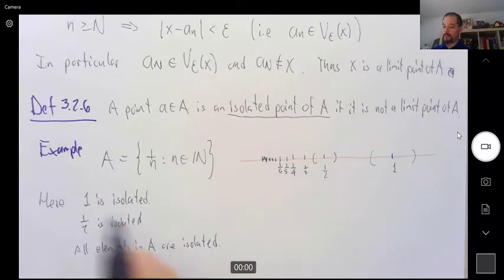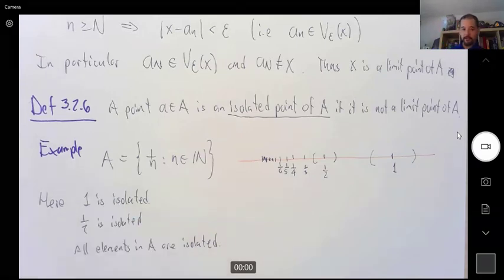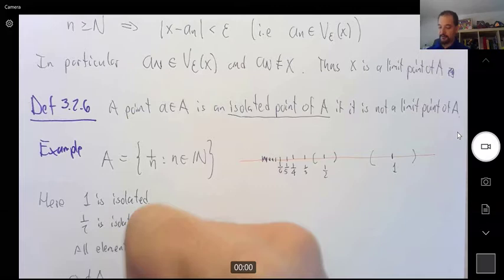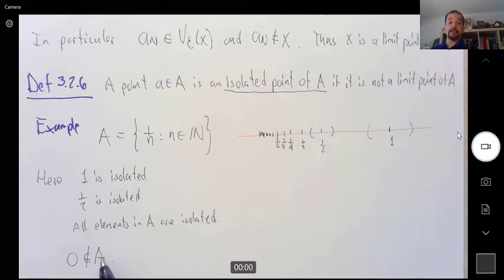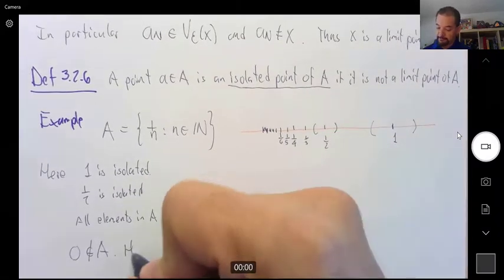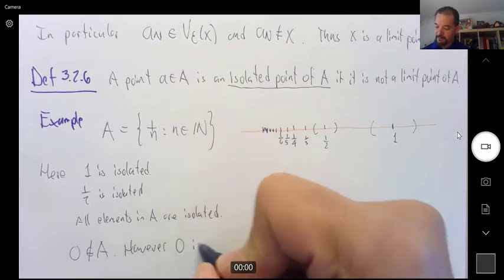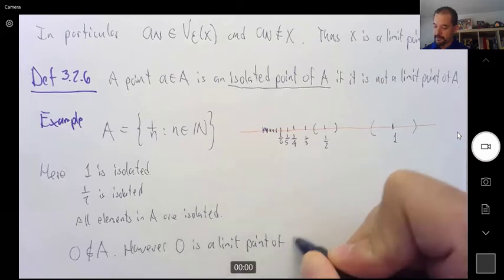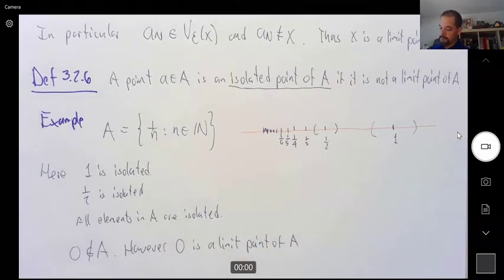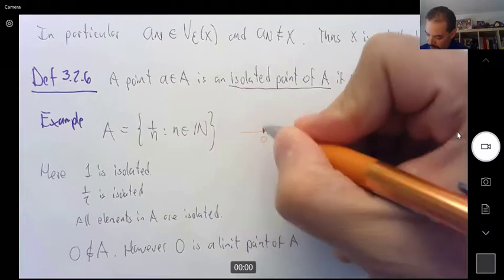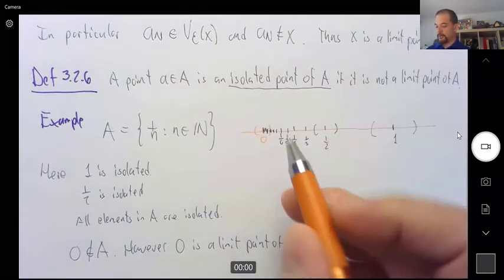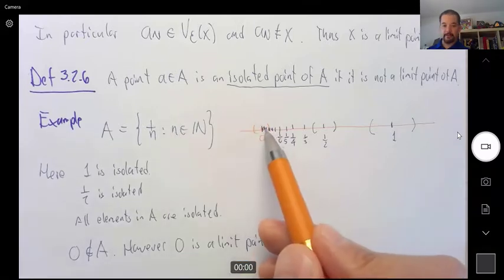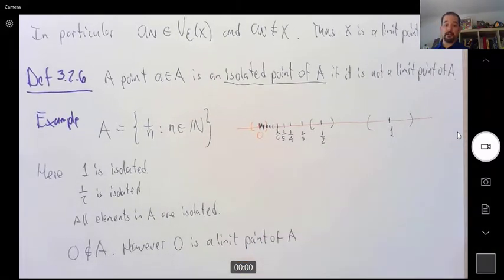Okay, now what about 0? 0 is not in A, right? 0 is not an element in A, but 0 is a limit point of A. Why is it a limit point? Well, it's a limit point because if I look at 0 and I look at any neighborhood, I'm going to intersect A, right? There will be some elements in A that are inside that neighborhood, and that's because of the Archimedean property.